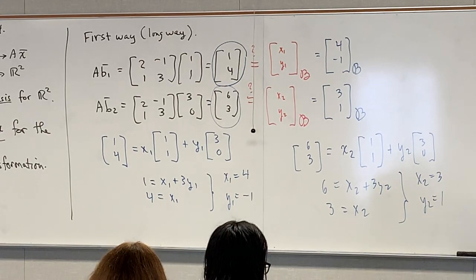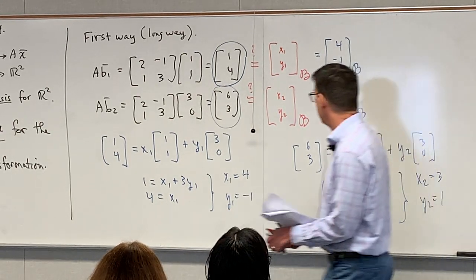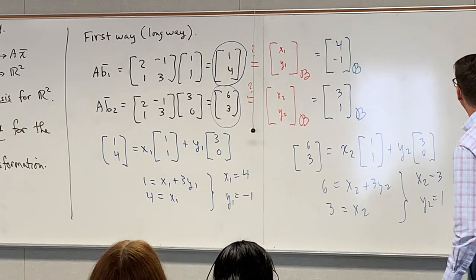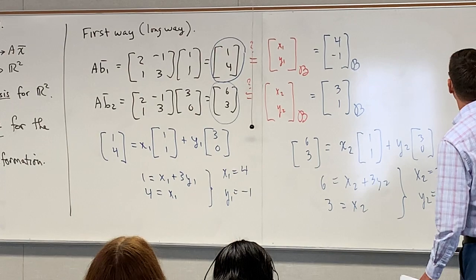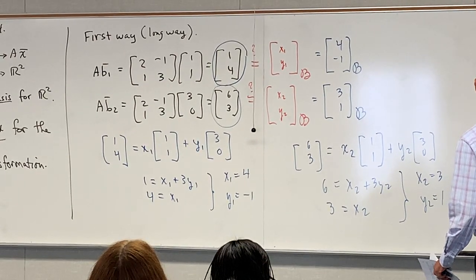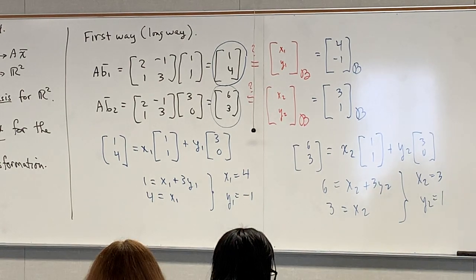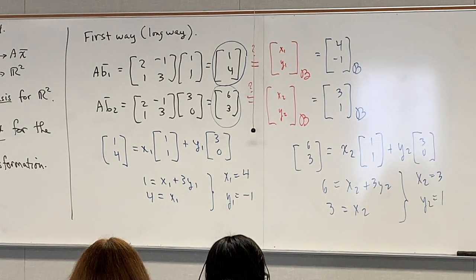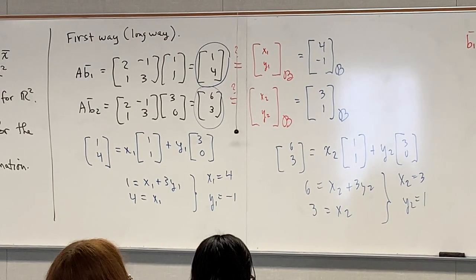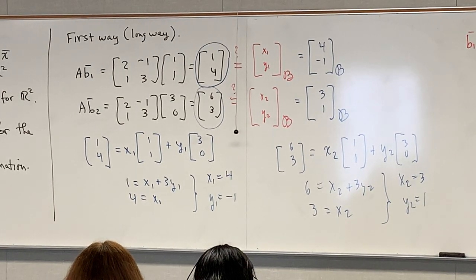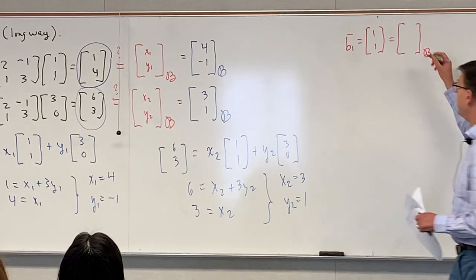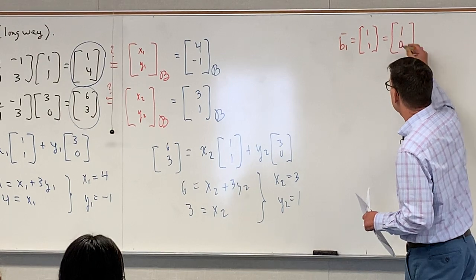So if we say b1, which is 1, 1, what are the b coordinates of b1? As I dance around in circles here. It's just 1, 0. Right, because it's my first. Why?